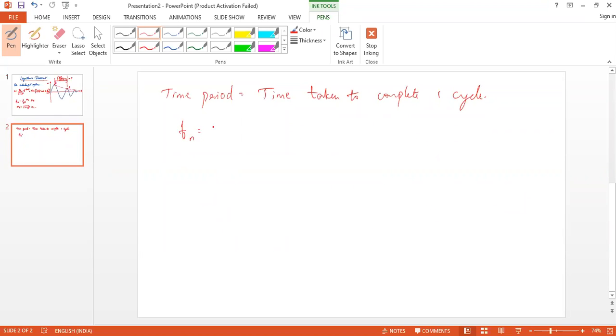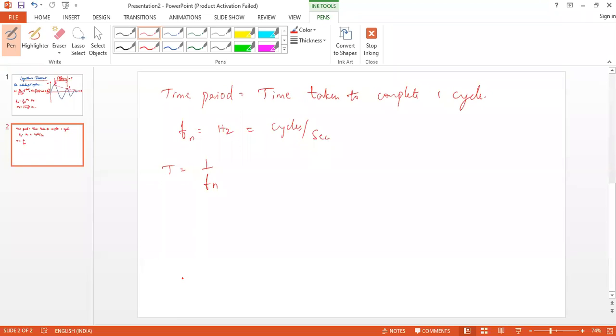What is the frequency in terms of hertz? What do you mean by hertz? Hertz is nothing but cycles per second. Inverse of cycles per second will give you seconds per cycle, that is time taken per cycle. So time period T is equal to 1 by Fn.